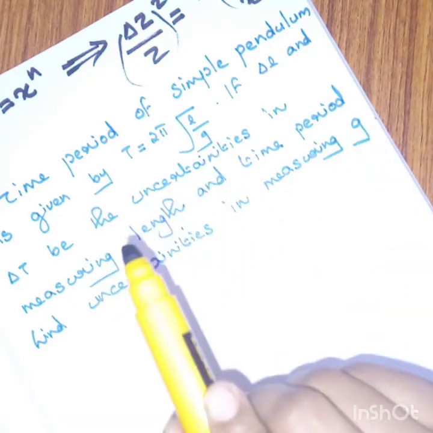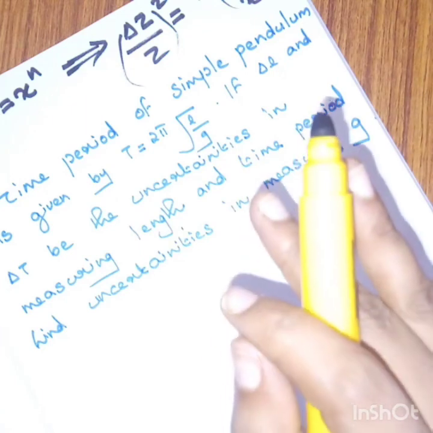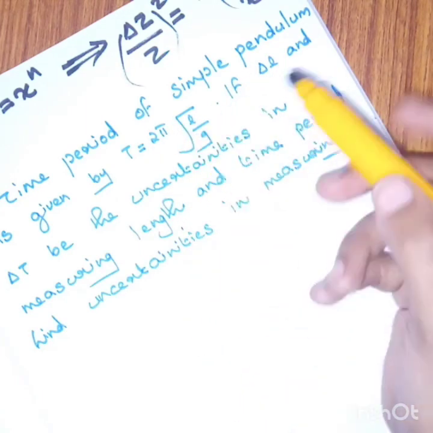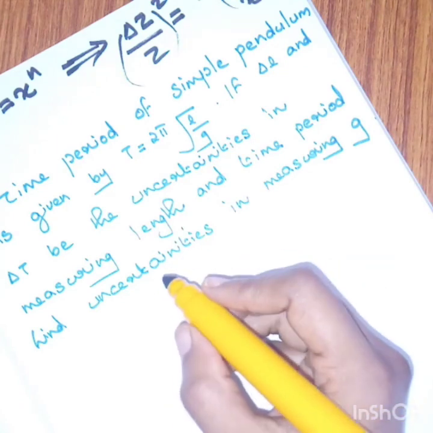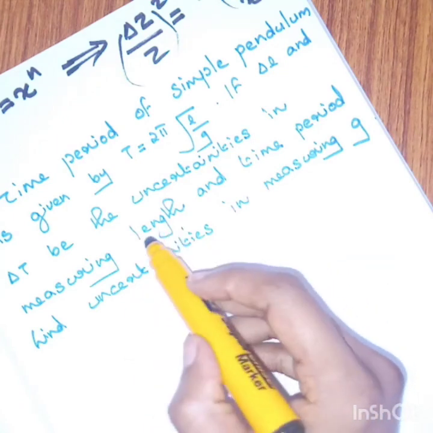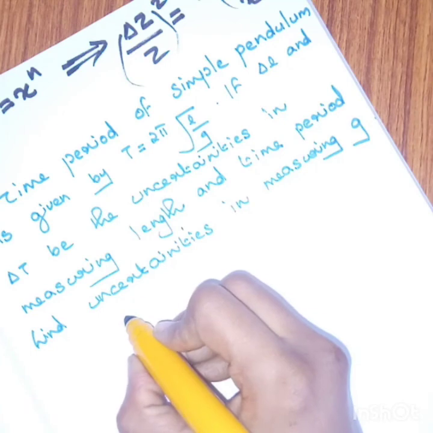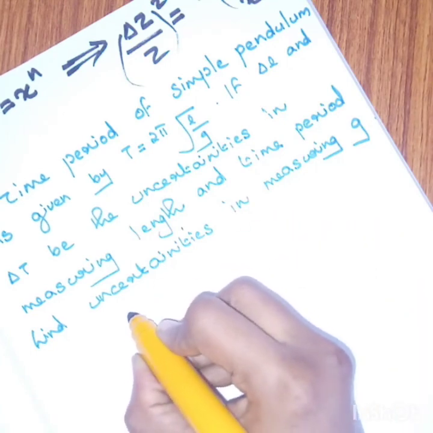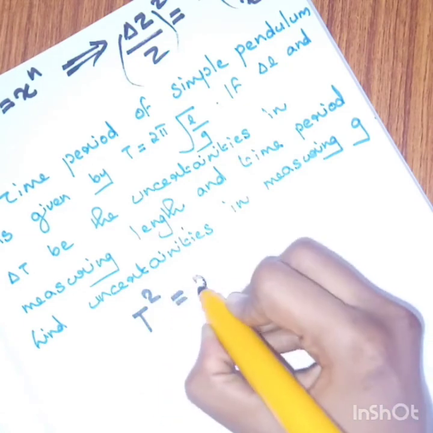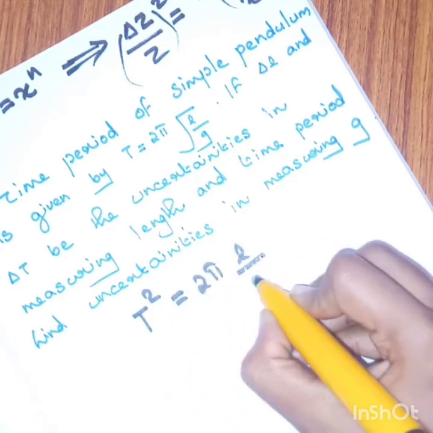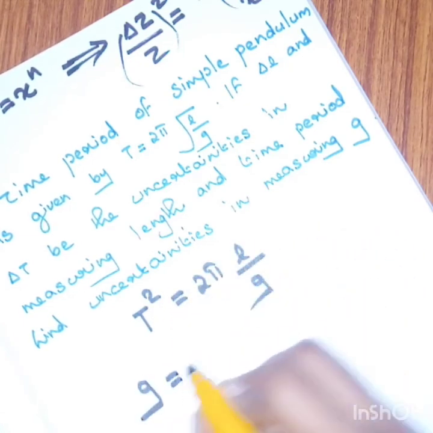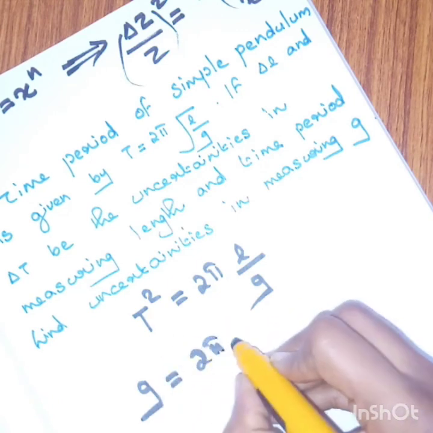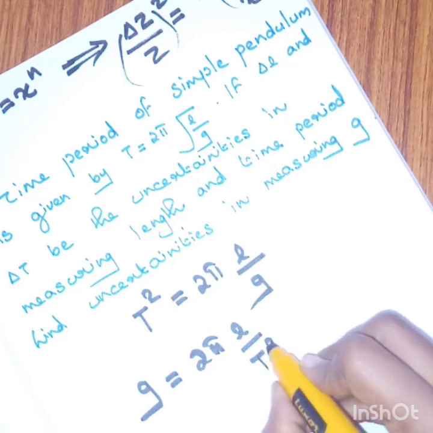That means errors are always in the measured quantities. So we have to rewrite the equation in terms of the measured quantities and find the uncertainty. The measured quantities are length and time period. We want to find g. Okay, that means T square is equal to 2 pi L by g. Then g is equal to 2 pi L by T square.